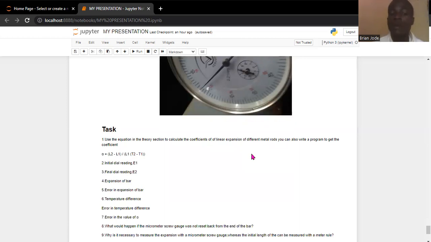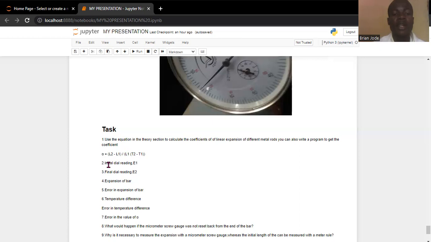So the formula, as we discussed in the theory section, is that the coefficient of linear expansion alpha is nothing but the final length minus initial length divided by the initial length times temperature 2 minus temperature 1. This formula will help us get the coefficient of linear expansion for these metal rods, and we'll also be able to compare them with the theoretical or standard values of linear expansion.